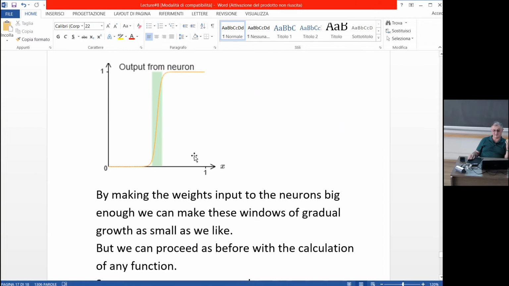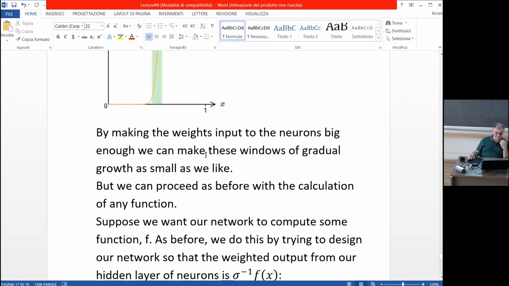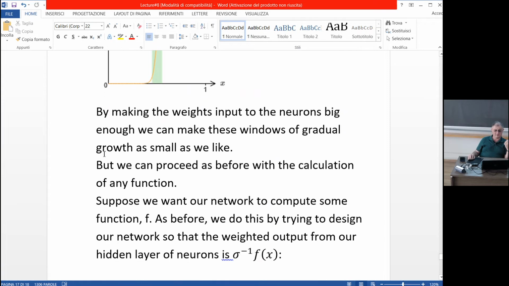It can be invisible by eye. So we can reach a vertical configuration, and we can proceed as before with the calculation of any function.